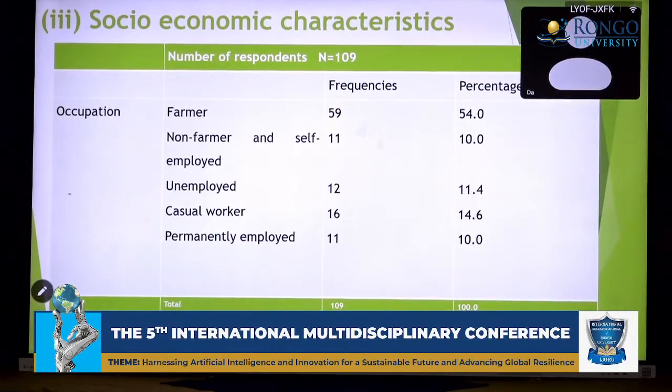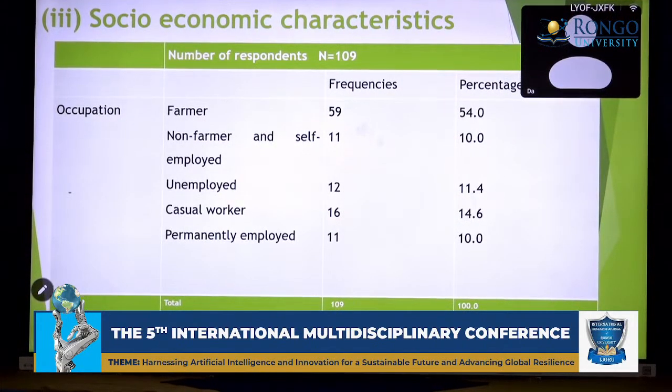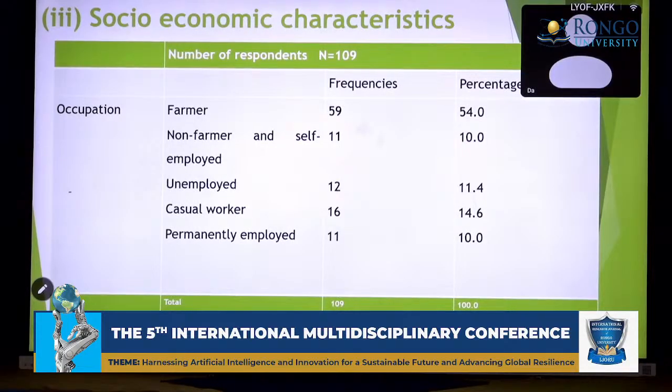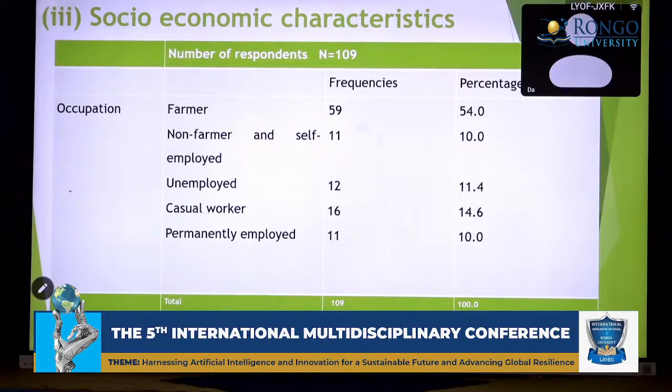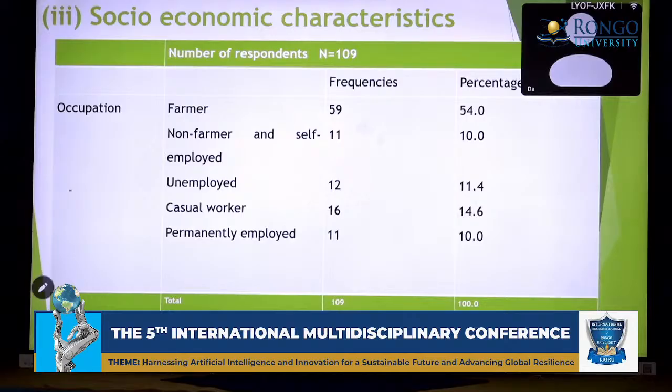The socioeconomic attributes or characteristics that we looked at were basically the occupation of the CFAs. Majority of them are farmers, non-farmer and self-employed, and unemployed, casual workers, and permanently employed. And those are the numbers that we scored.